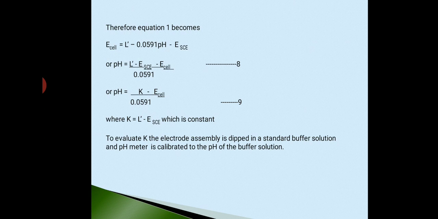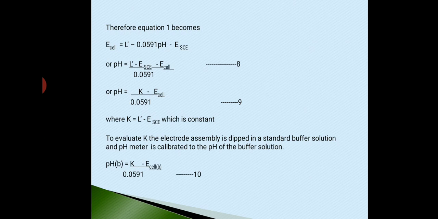Constant terms we don't want in our equation. So to evaluate K, the electrode assembly is dipped in the saturated buffer solution and the pH meter is calibrated to the pH of the buffer solution. Now simple. Earlier, equation 9 was pH is equal to K minus E cell upon 0.0591.